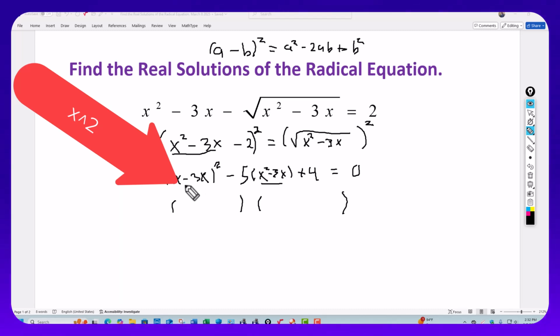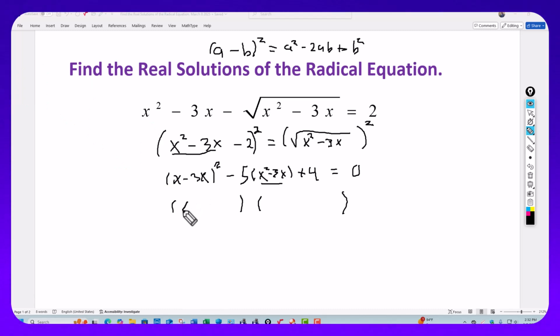So now we say, okay, this x squared minus 3x, quantity squared, factors into x squared minus 3x and x squared minus 3x.